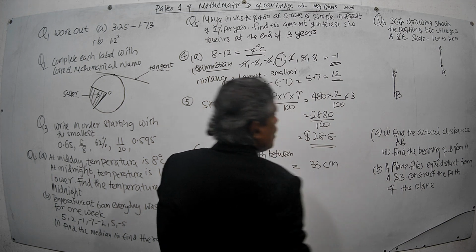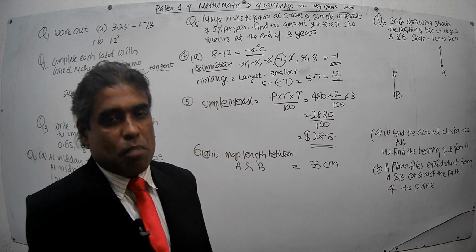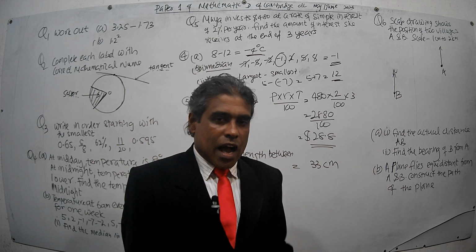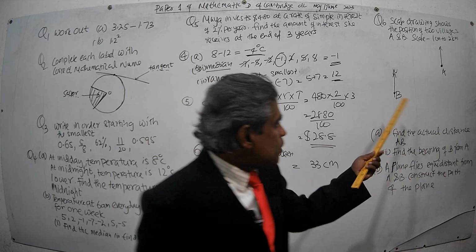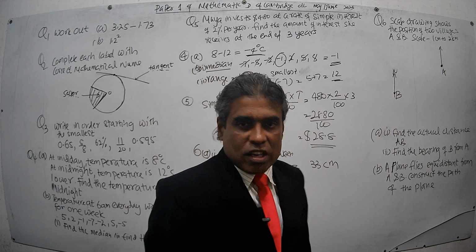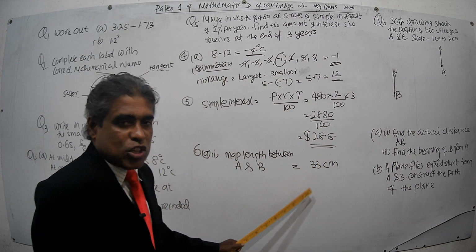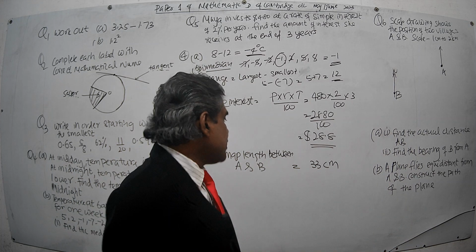That is the measurement from my diagram, right? But in your diagram, that is in the question paper, take the hard copy of the question paper, measure the distance between A and B in centimeters, and write it like this. My distance is 33 centimeters, but this is not definitely your answer. Your answer will be a different one. Right, okay?